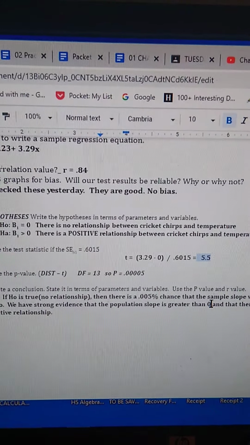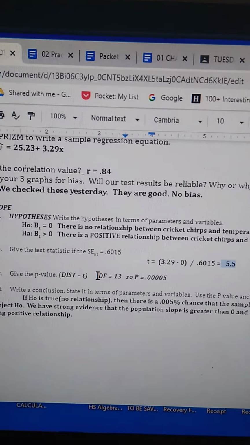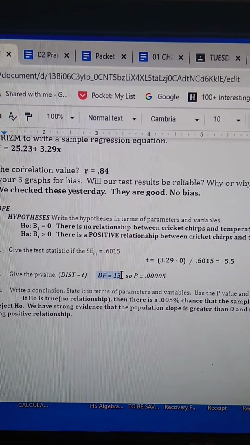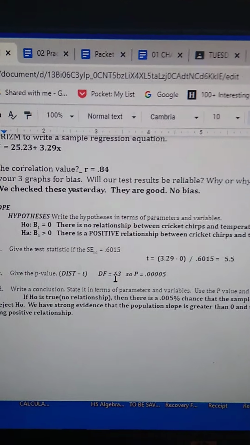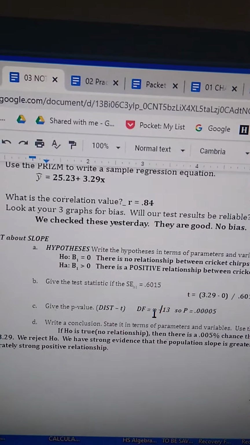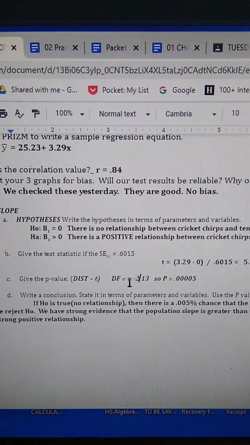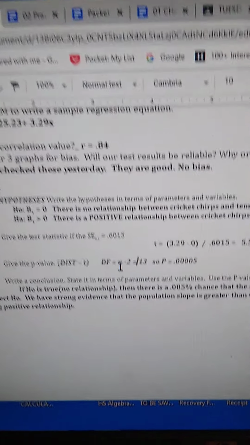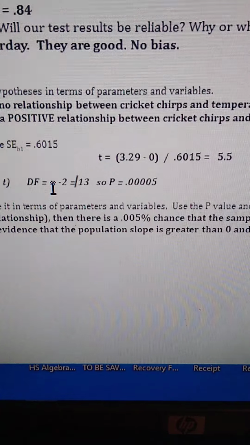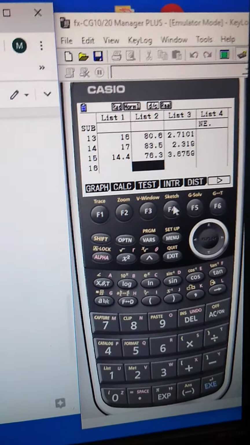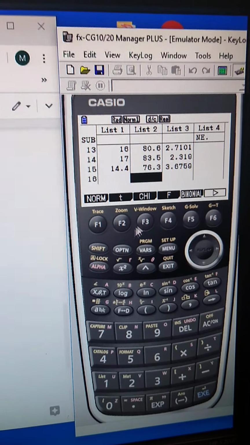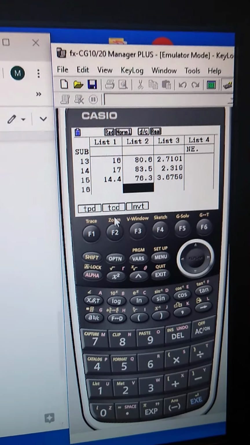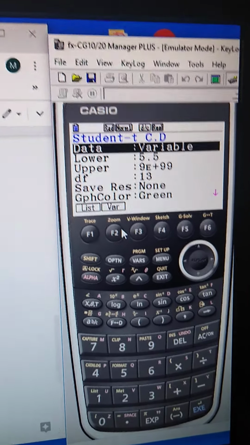That's big, no matter what the degrees of freedom is, but I'm going to find the exact p-value. Now there were 15 data values. Degrees of freedom is n minus 2. So n minus 2, that's giving me 13 for degrees of freedom. So I'm going to run this through the calculator. Let's show that here. We're going to go distribution T CD, as always, we use CD.